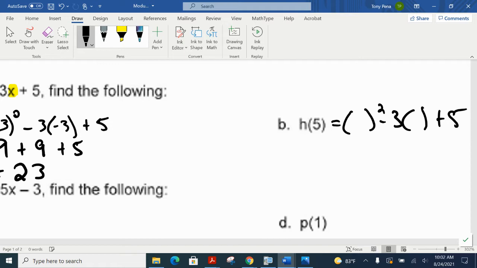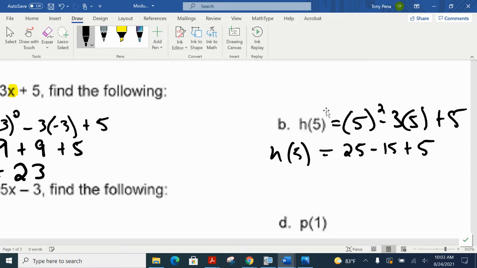Wherever you had an x, you're going to substitute in the x value of 5. So it becomes 5 squared minus 3 times 5 plus 5. So we got a lot of 5s going on here. All right, Woodley, take us home. What is 5 squared? Good. And then the negative 3 times 5 is a negative what? Good.